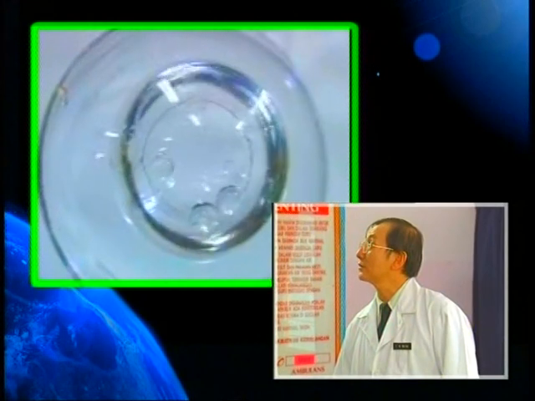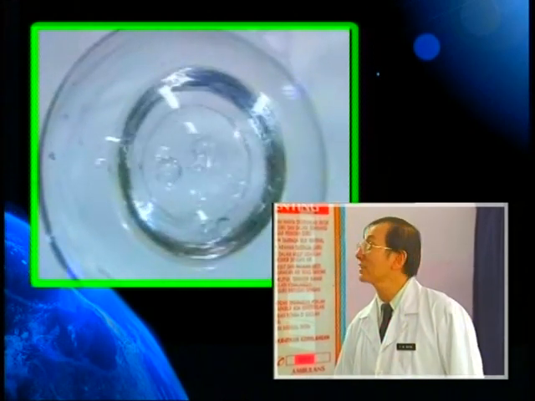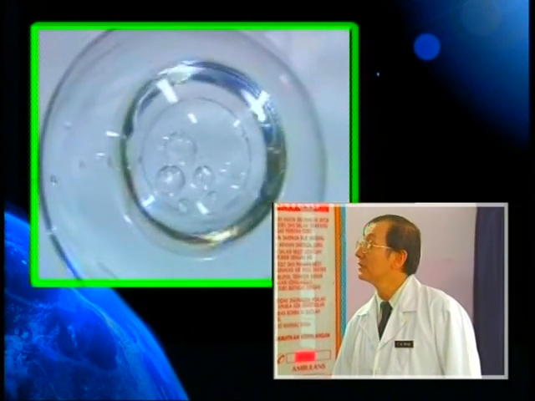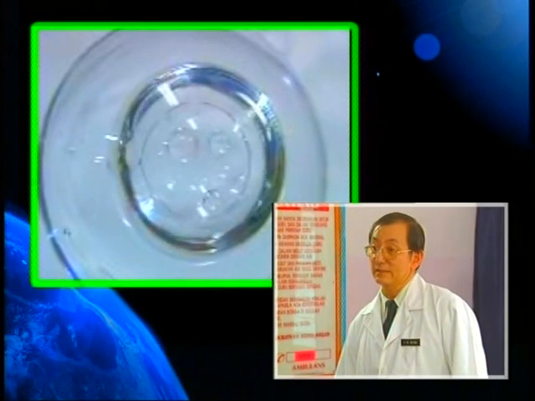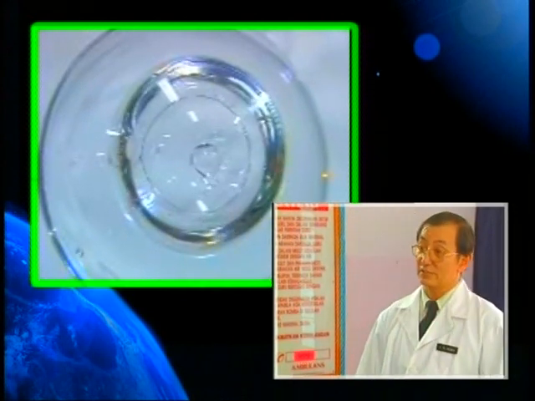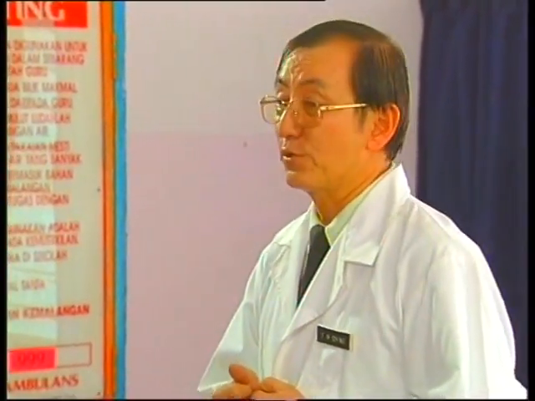Water molecules have cohesive forces. They attract one another, so you find that there is a resultant inward force pulling all the molecules in, thus exposing the minimum surface area.